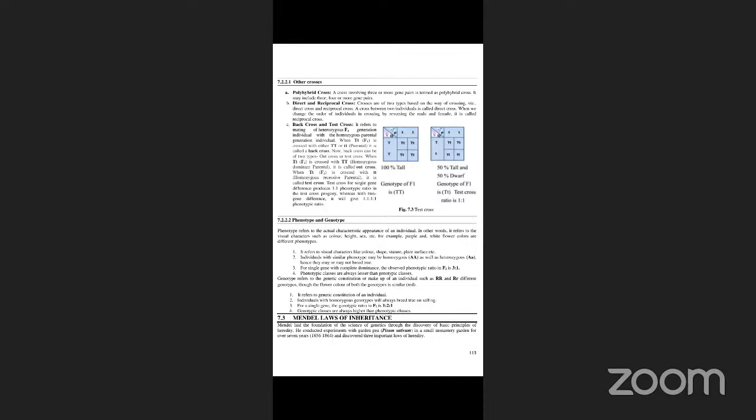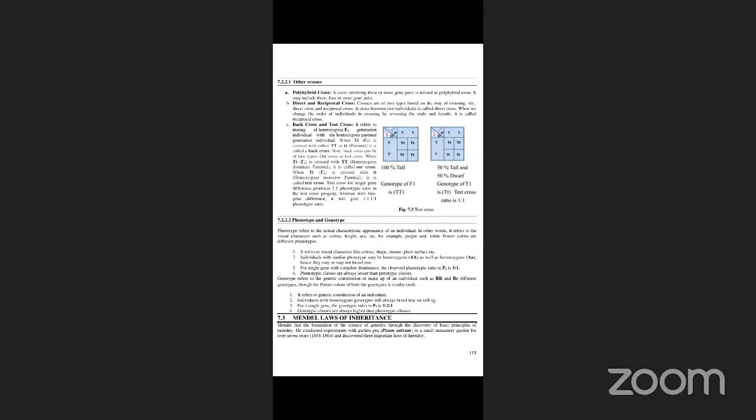So the heterozygous F1 generation, capital T, small t for example, is crossed with the homozygous parental generation individual. That means capital T, small t may be crossed either with a capital T parent or small t, small t.